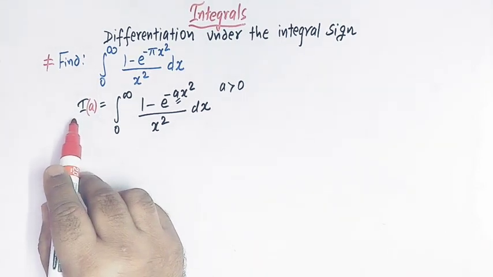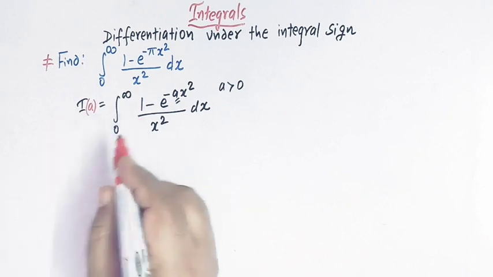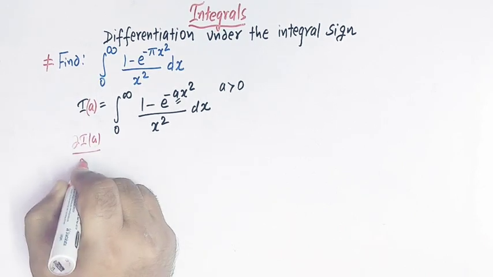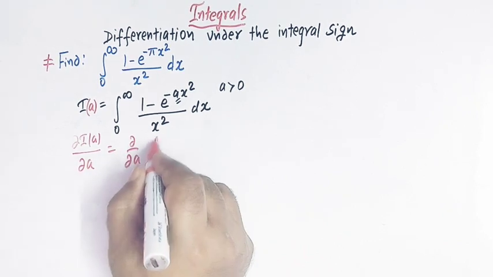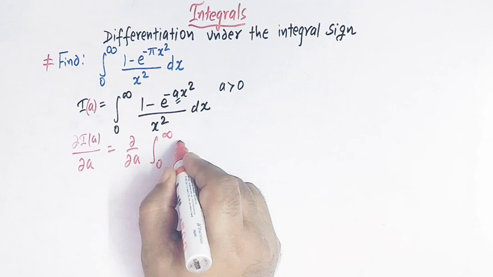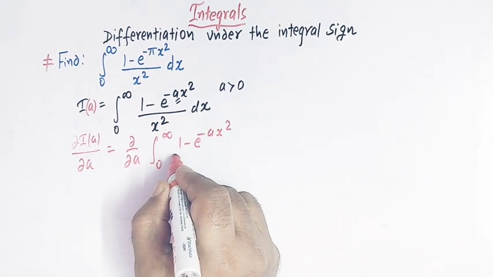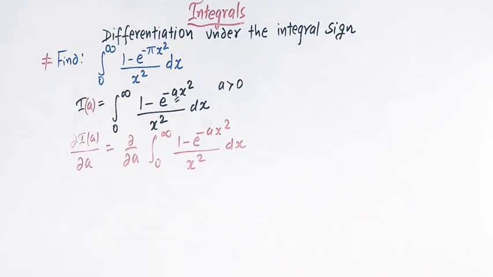Let us differentiate this integral both sides with respect to this parameter a. So we have del I of a over del a, and here we have del by del a of the integral from 0 to infinity of 1 minus e raised to minus ax square, divided by x square, dx.